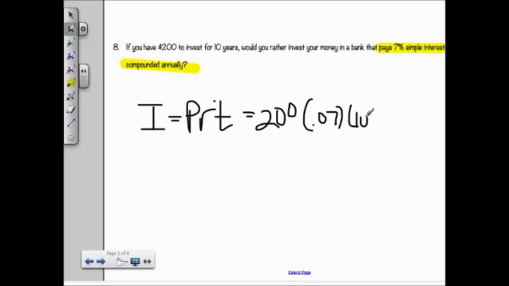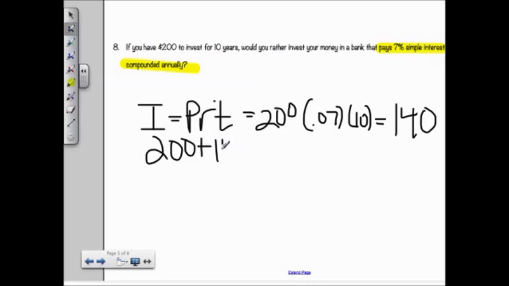So I'm going to multiply all those numbers together. You end up getting $140, which is how much you get in interest, but you also have an initial $200. So your final answer for this would be 200 plus $140. So you end up getting $340 after 10 years using simple interest at a rate of 7%.